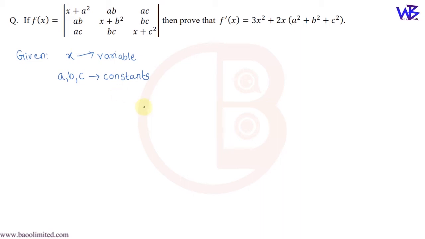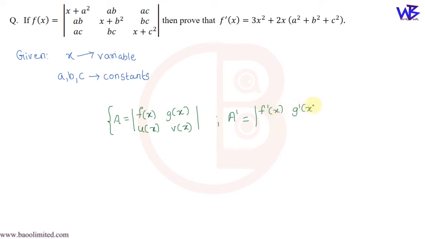Now in general, if there is a determinant A with the elements being a function f of x, another function g of x, other functions u of x and v of x, then the derivative of this determinant A dash is equal to the derivative of the first row, so f dash of x, g dash of x, the second row as it is, plus the first row will remain as it is, derivative of the second row.